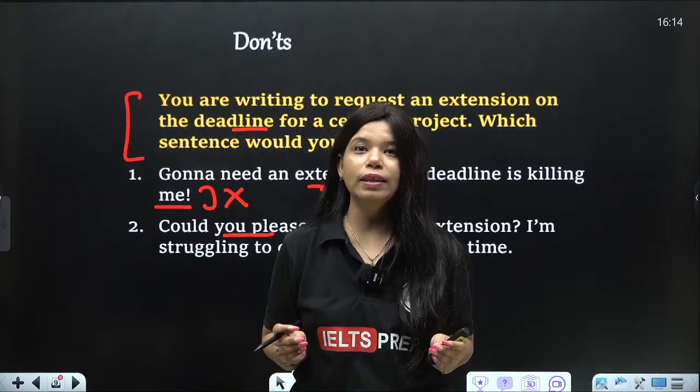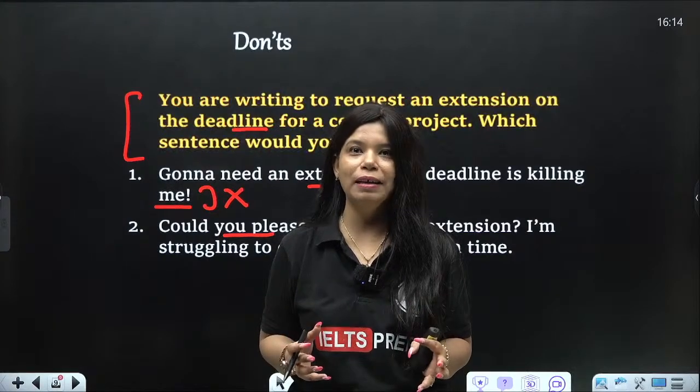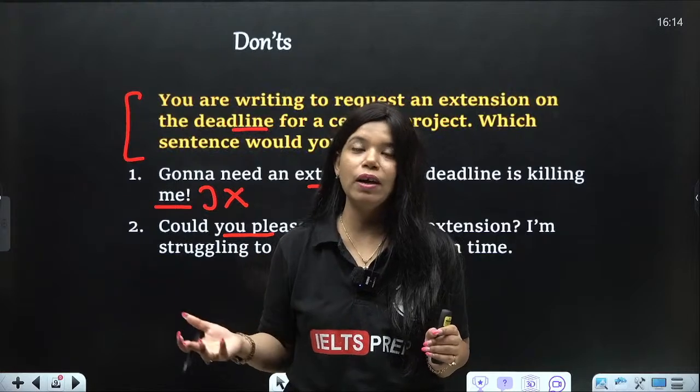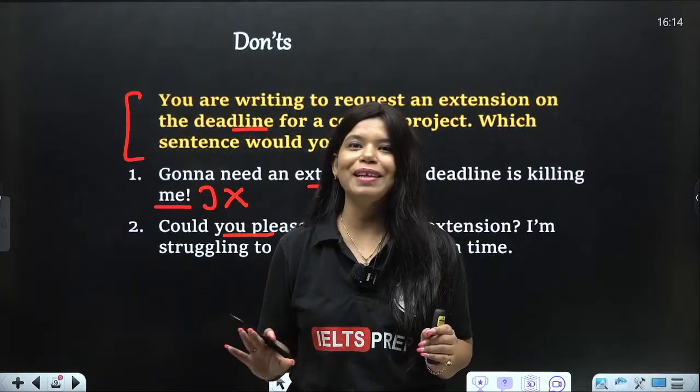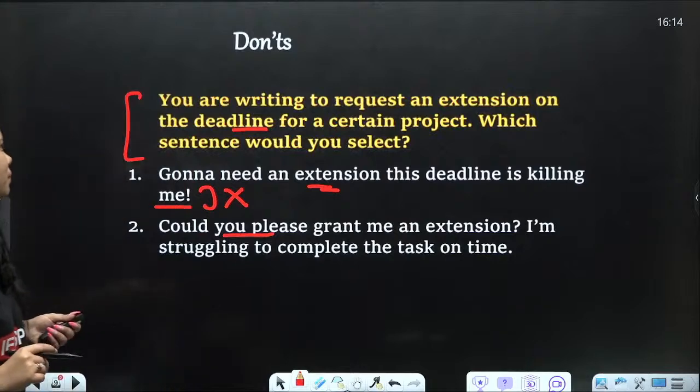So even on WhatsApp, there is a certain code to follow when we are writing messages. So this kind of informal language we definitely can use with our friends, but not with somebody who we work with. Okay, so moving on.